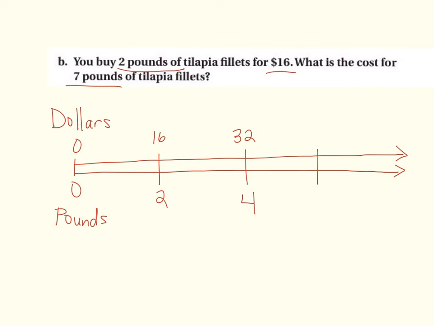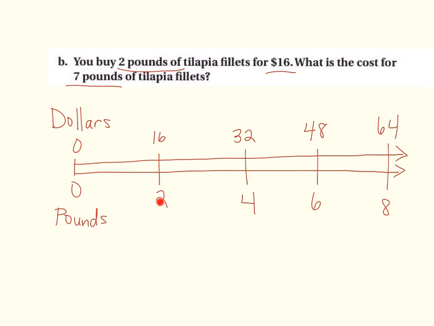Then times 3 of 16 would be $48 for 6 pounds. And then we could get one more if we had to, $64 if we were going to need 8 pounds.